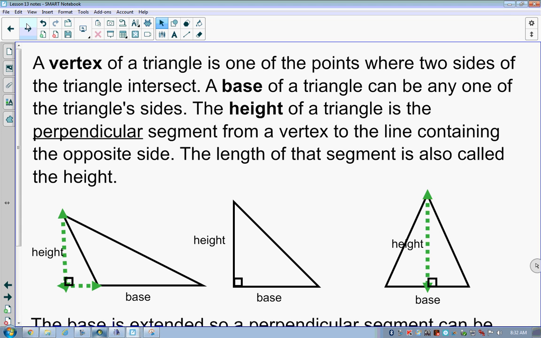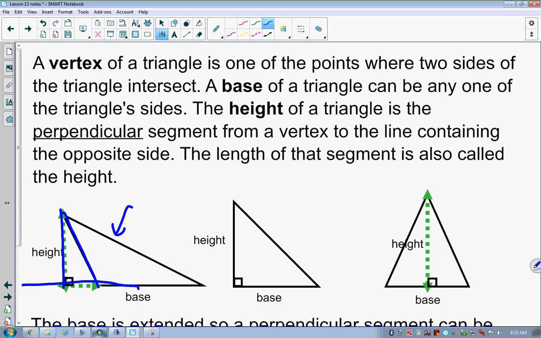All right, the height of a triangle is the perpendicular segment from a vertex to the line containing the opposite side. The length of that segment is also called the height. So, for instance, if I wanted to find the height of this triangle right here, this line is not the height of it. This line is, because it is the perpendicular line from this vertex to that line.